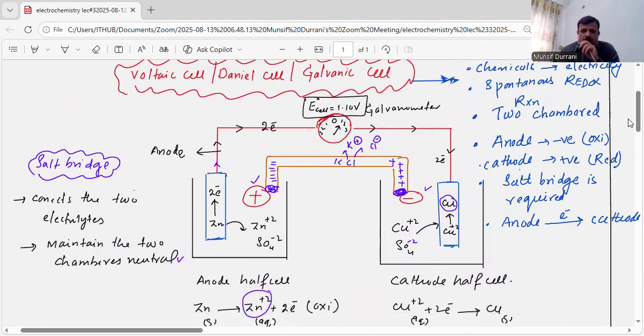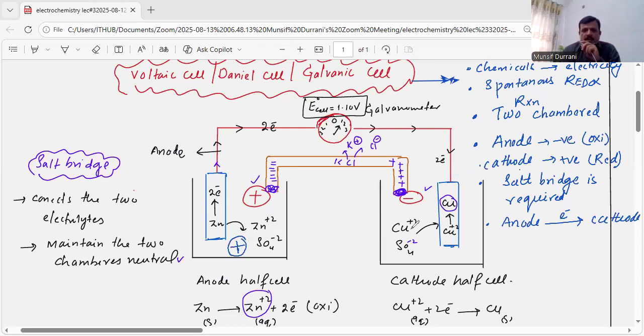If you look at the mechanism over here, at the anode half cell, zinc ions are being produced. If zinc ions are produced, the positive charge increases in the anode half cell.